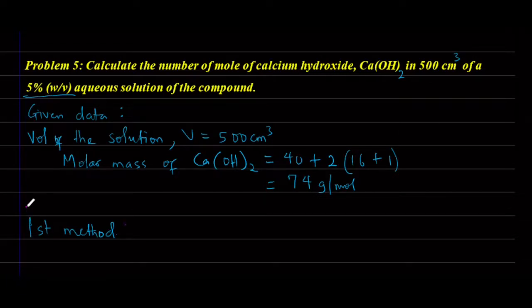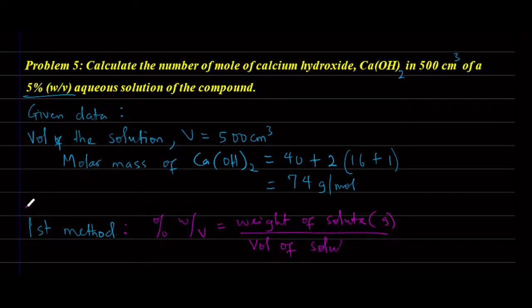The first method says that since it is weight per volume, we are going to use the formula that says percentage weight per volume is defined as the weight of the solute, which is in gram, over volume of the solution, which is in centimeter cube, multiplied by 100.